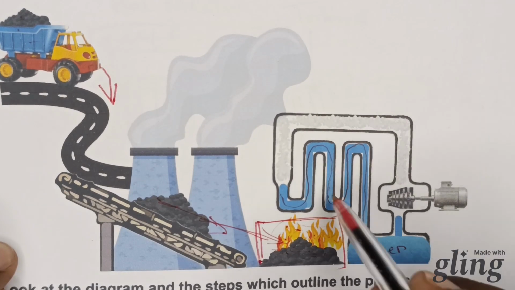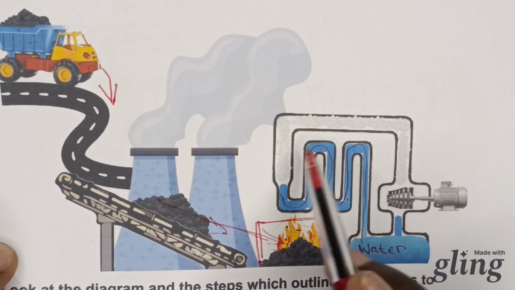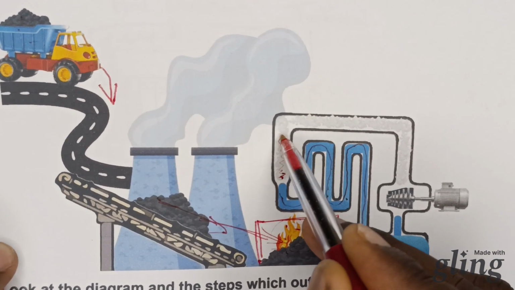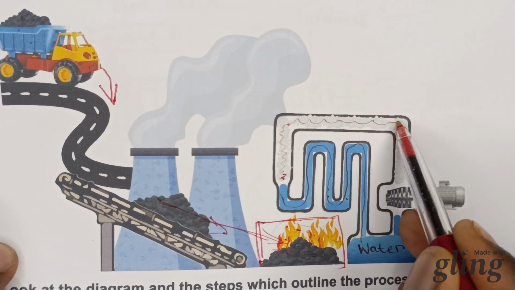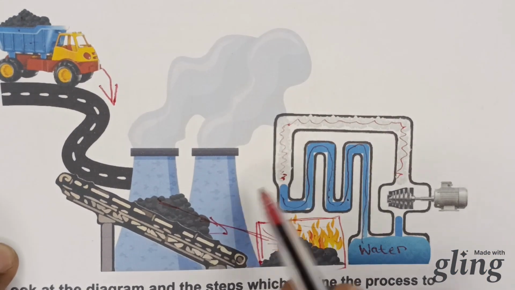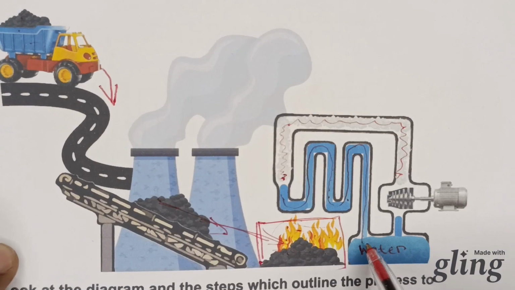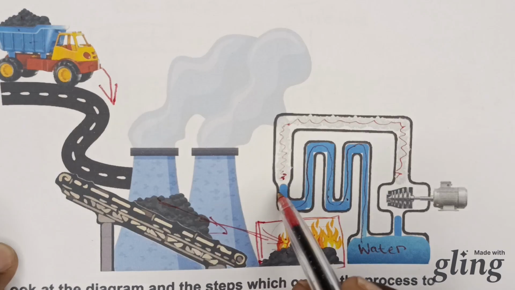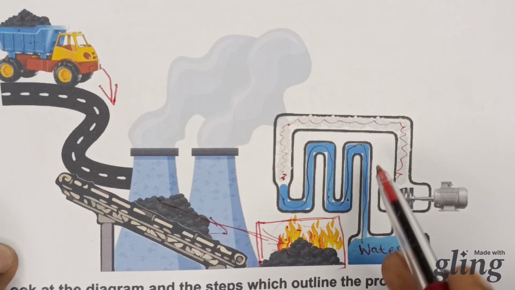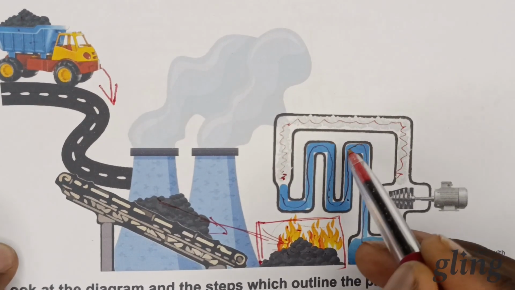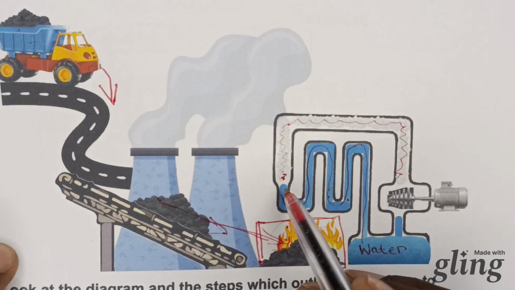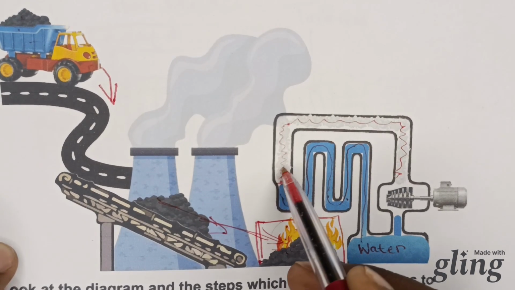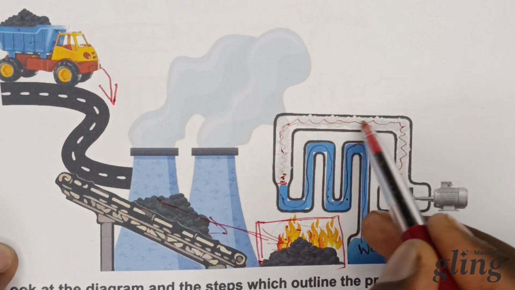So the water here is being boiled. When this water boils, it starts giving off, from here, this is the steam. Water is being boiled while it goes through the pipes. These are steel pipes. So this water goes through the steel pipes, and when this water boils, it turns into steam.